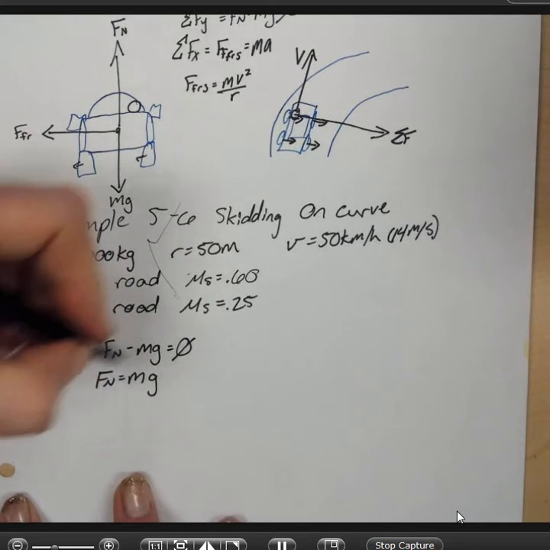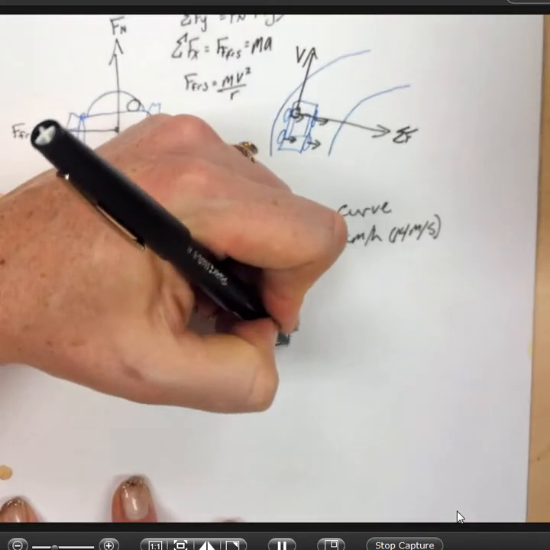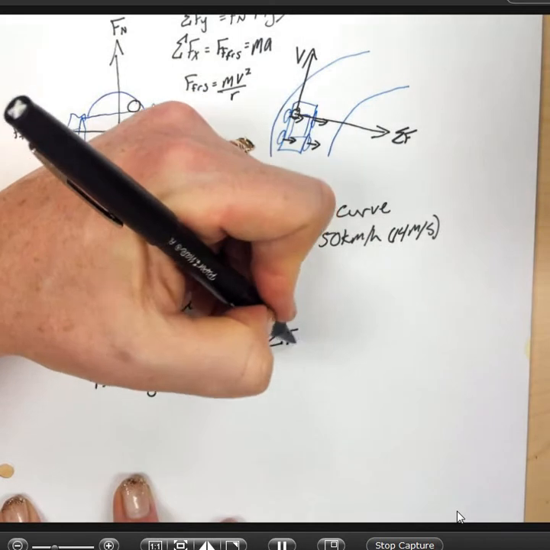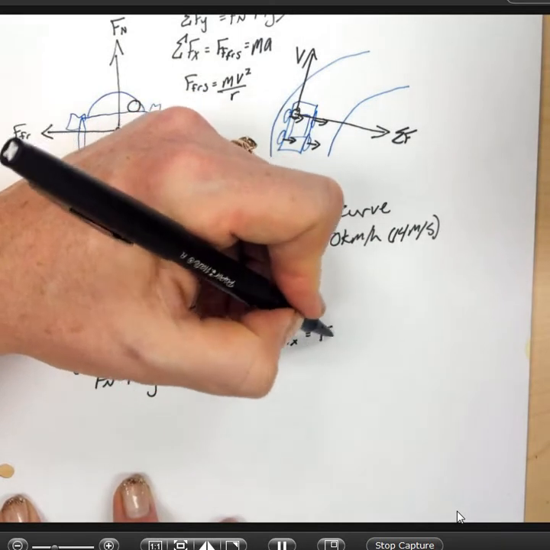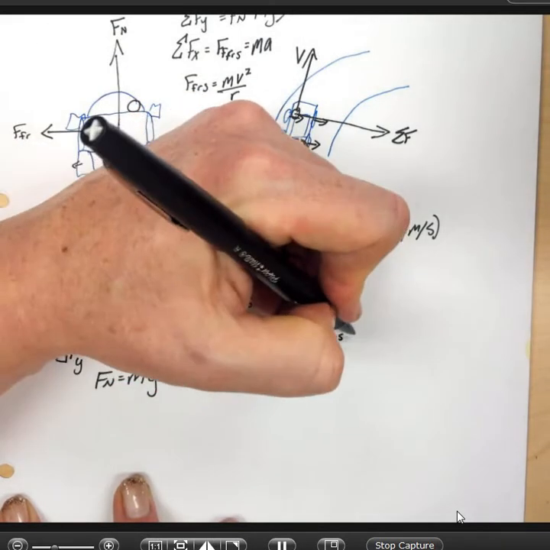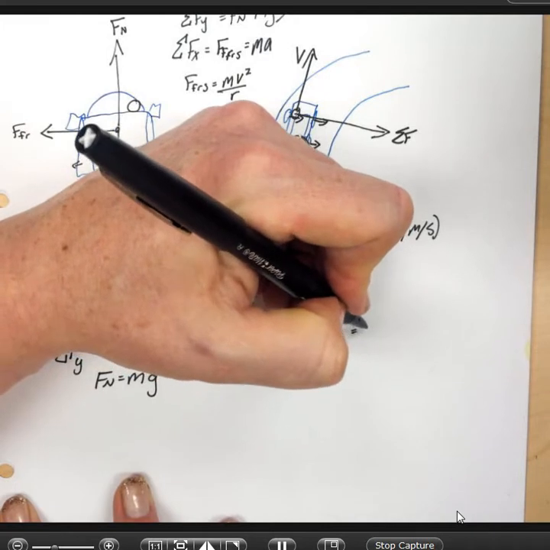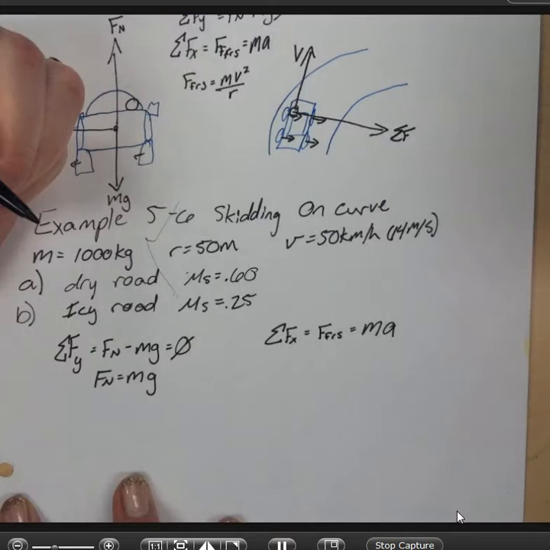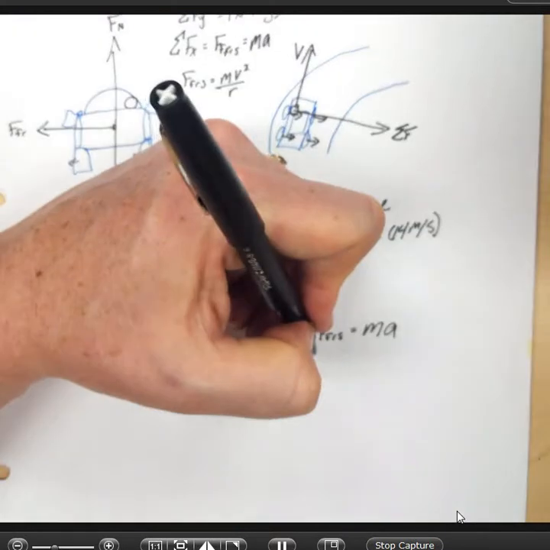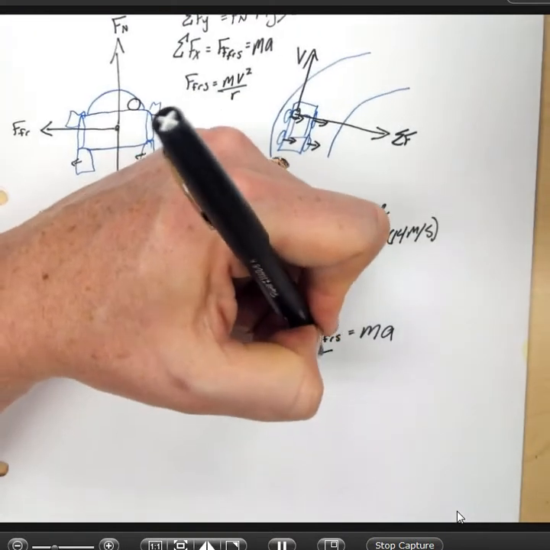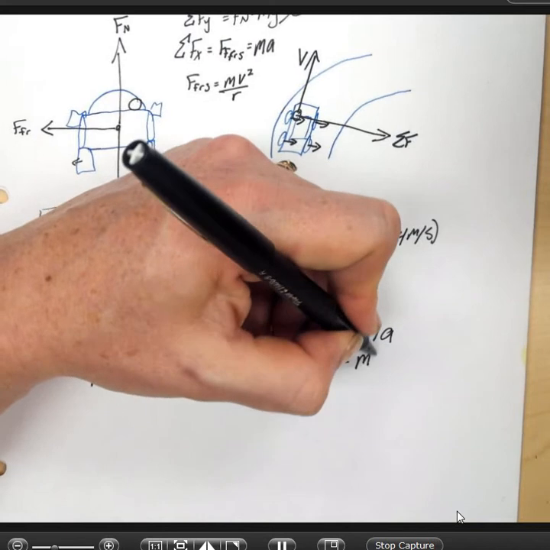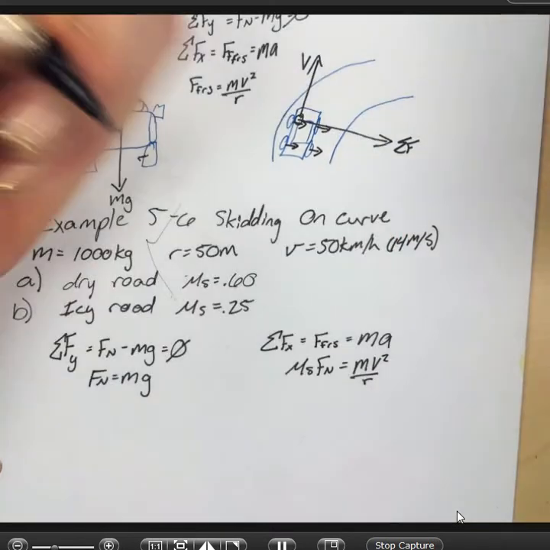And in the x direction, the only force acting is static friction, which is equal to ma. Since it's supposed to be making us go in a circle, our static friction, μs Fn, is equal to mv squared over r.